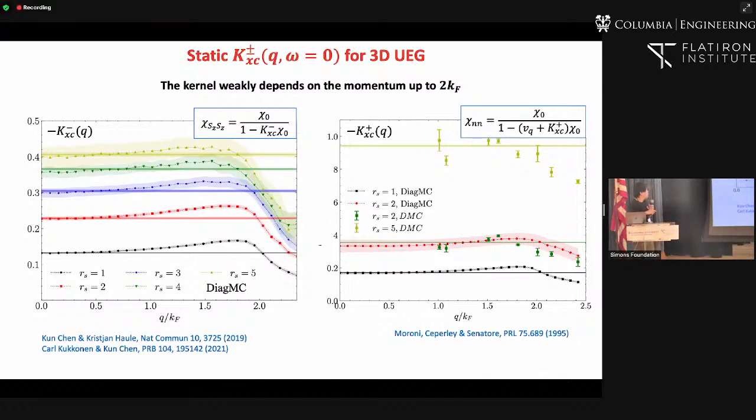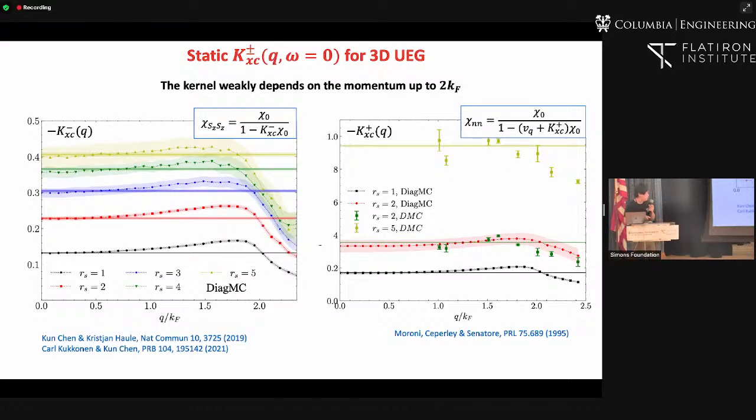The error bar here includes both the statistical error from Monte Carlo and the systematic error from the different orders of Feynman diagrams, so this is a controlled accuracy. This spin channel exchange correlation kernel was basically not known before, so this is the first result. In principle, you can plug this kernel into a TDDFT solver to predict the dynamic spin response of real materials, but this has not been done yet.